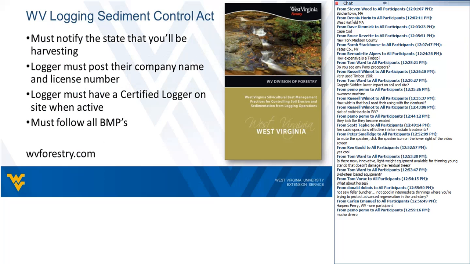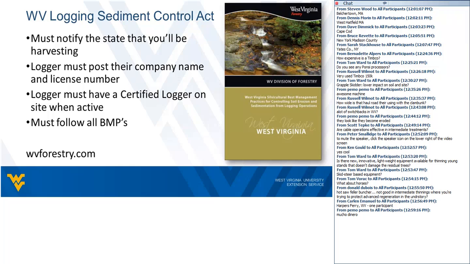West Virginia has one of the stronger laws and regulations associated with forest practices in the east. We have what's called the West Virginia Logging Sediment Control Act, and our loggers have to notify the state that they're going to be harvesting. They have to have their company name and license posted on the site. They have to have a certified logger that has been trained in the best management practices, as well as CPR, first aid, and timber felling, and a number of other activities.